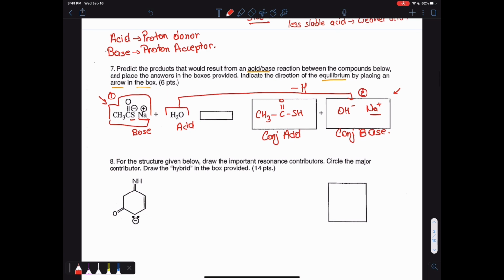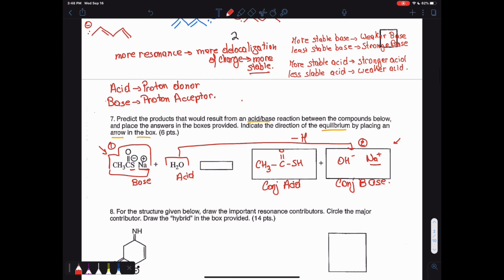So let me draw it out right here: CH3, C double bond O, S minus. In the resonance structure, the negative charge can form a pi bond, and the pi bond on the oxygen will form a lone pair on the oxygen. And then we end up with CH3, C, O minus, and then S.